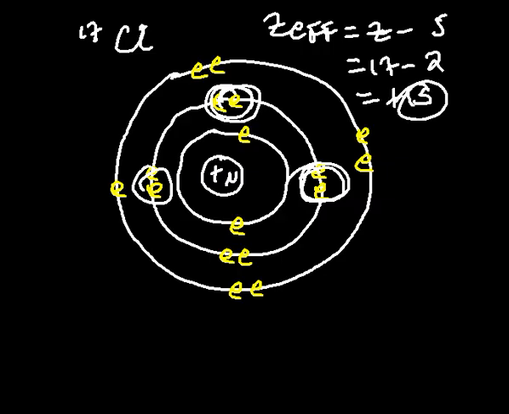Now you should understand that as we move away from the center of an atom, the number of shells increases. As the number of shells increases, it means Zeff also decreases, because the force of attraction which the electrons experience towards the center keeps on decreasing, and that force of attraction is expressed in terms of Zeff.